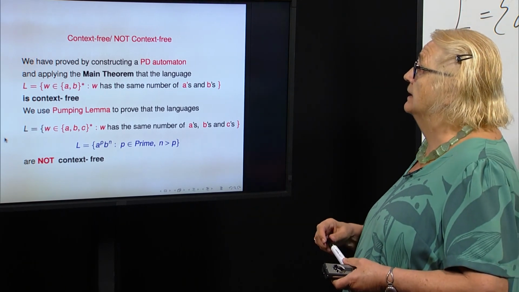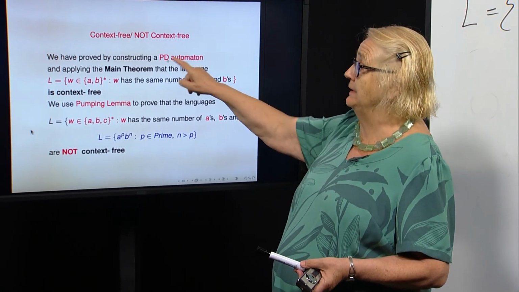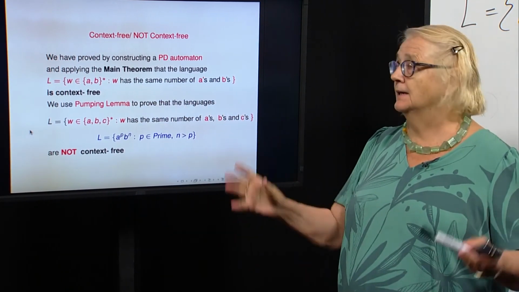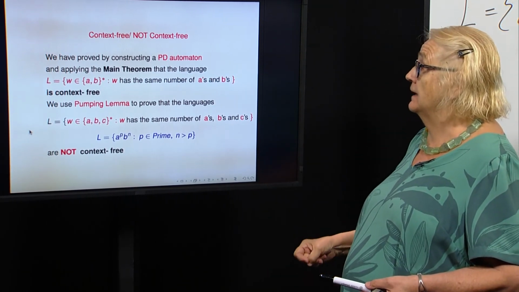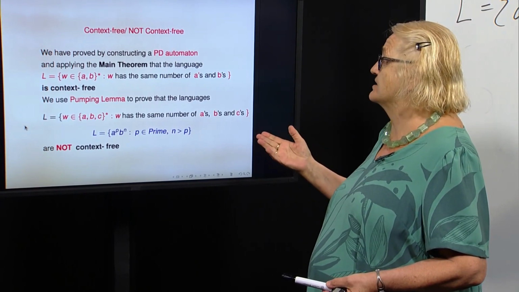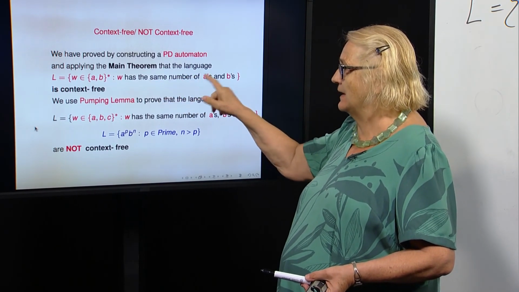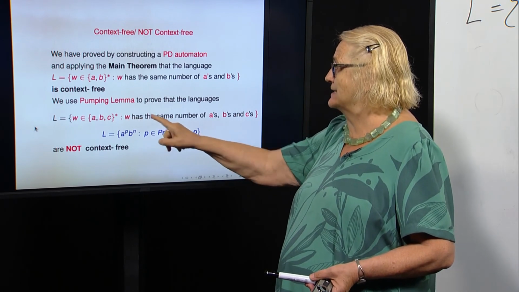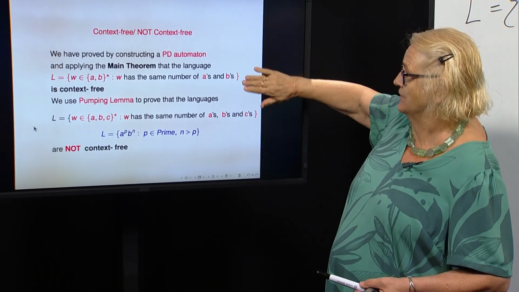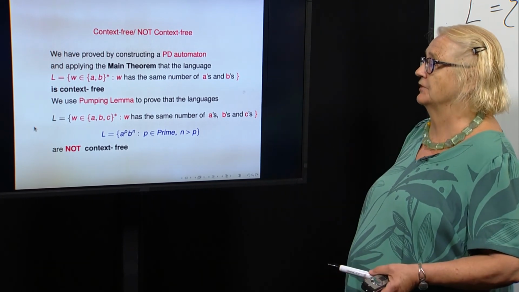And again, we construct the PD automaton for W having the same number of A's and B's. It was context-free. But W having the same numbers of A's, B's, and C's, if you add one more symbol, the pumping lemma shows that it's not context-free.